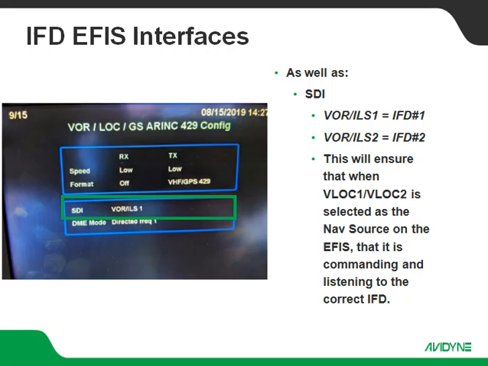One other thing I want to talk about just real quick before we end this video and get into some of the more specific interface details. If we back up just a second here, and you see this VHF GPS 429, that current format that's set there, the only time you're going to use that format, VHF/GPS, is if you are connected to a system where we have glass enabled.